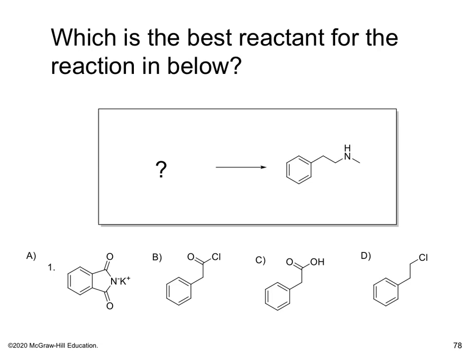Okay, so which is the best reactant for the following? You need to recognize that this is a secondary amine. So we're not going to do the Gabriel, so we won't use that. One thing you could do is make an amide. So here you have an amide, and that would give you the leaving group.